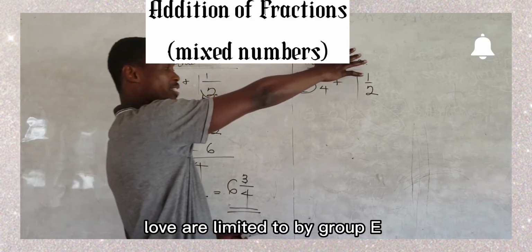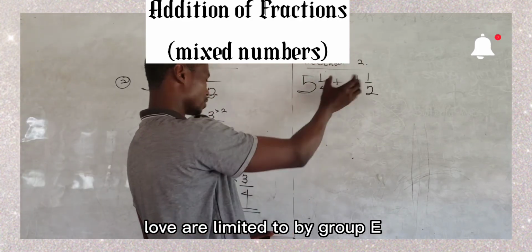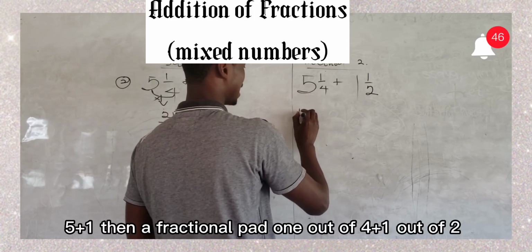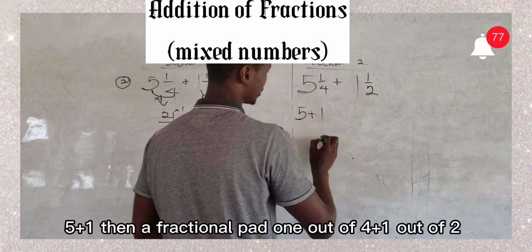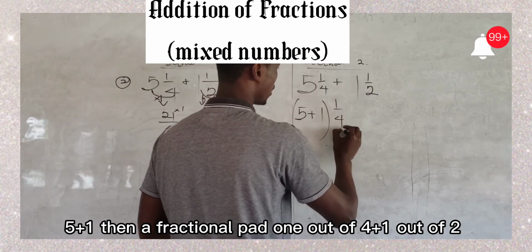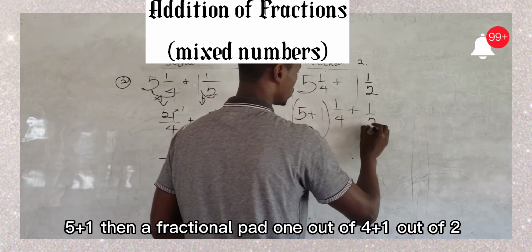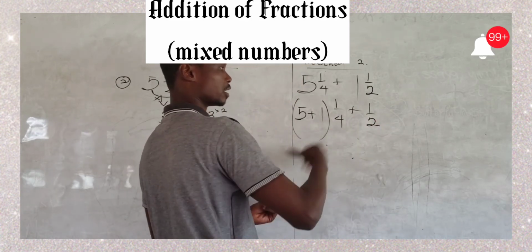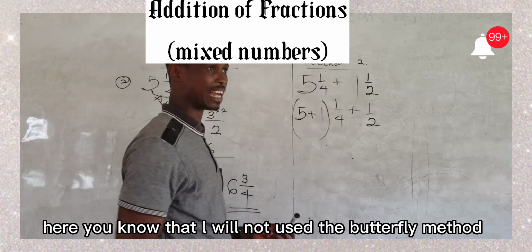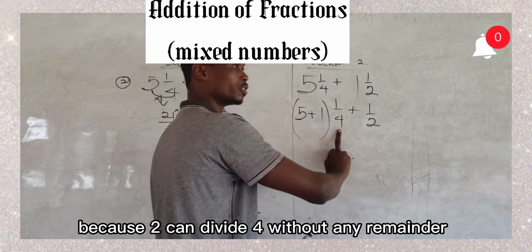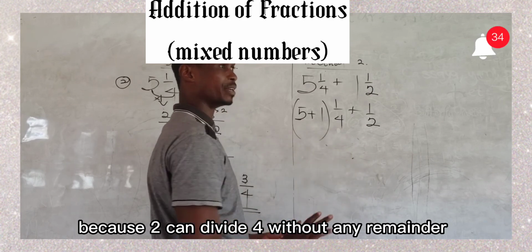Let's look at method 2 by grouping the whole numbers. We are having here 5 plus 1. Then the fractional part, 1 out of 4 plus 1 out of 2. The same thing. Here we know that I'll not use the butterfly method because 2 can divide 4 without any remainder.